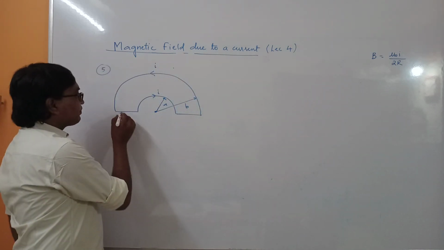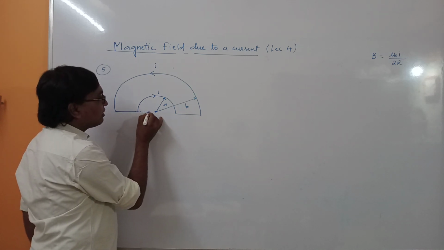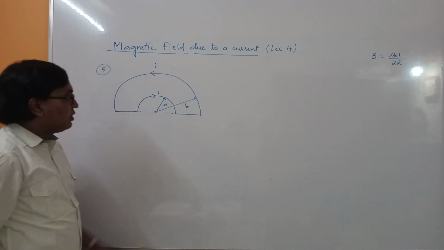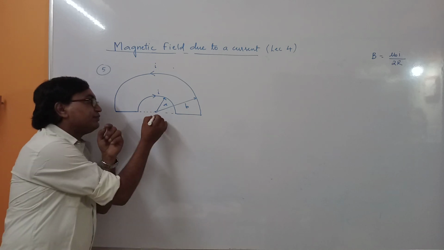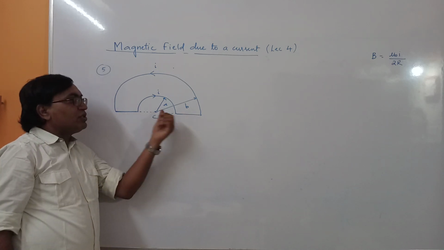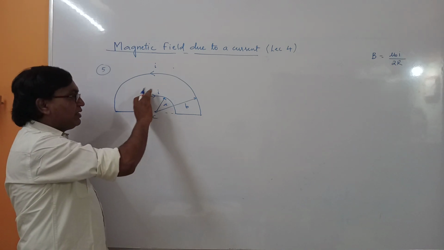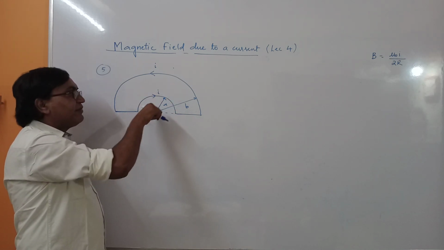Now again, this is a straight conductor, but the line of this straight conductor is passing through this point. So magnetic field due to this wire is 0 at this point, and magnetic field due to this wire at point C is also 0. So now this is clockwise, so magnetic field is inside the board.